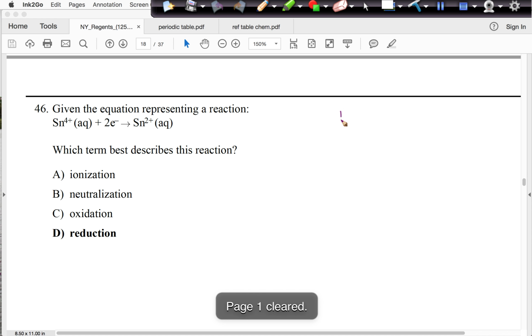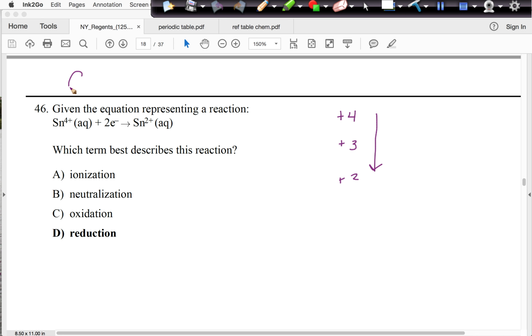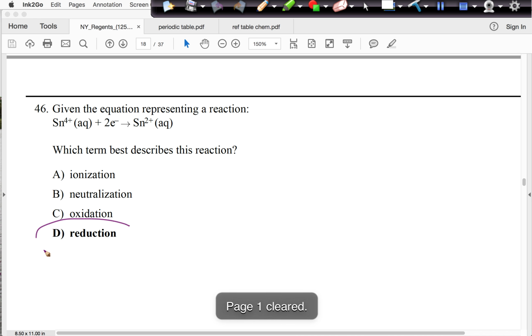If it's easier for you to see it on a vertical number line, we have to have the charge go down to get to +2. If that's the case, we said that in oxidation reduction, we use GER down and LEO up. So gaining electrons is reduction and the charge goes down, losing electrons is oxidation and the charge goes up. This charge was going down, which is why we label it as reduction.